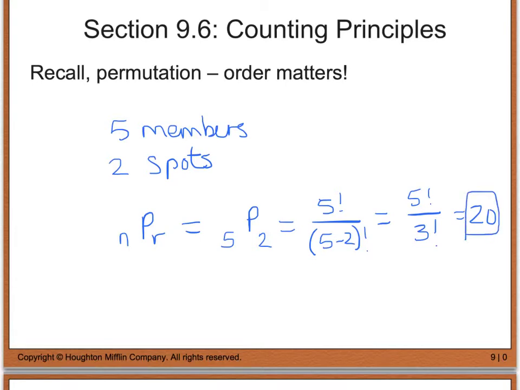Okay, and you can either use a formula, or if you recall on your calculators, if you go to the math function, arrow all the way over to the probability section, there's a button, I believe it's number 2 or 3, that has this nPr notation in there that you can also use. And I can help you with that one once we get back to class.